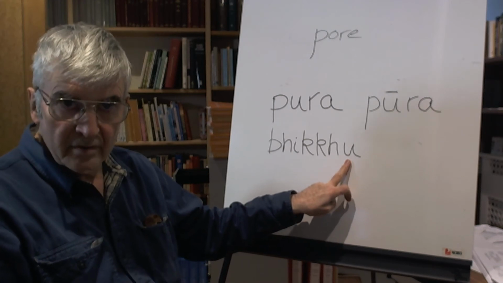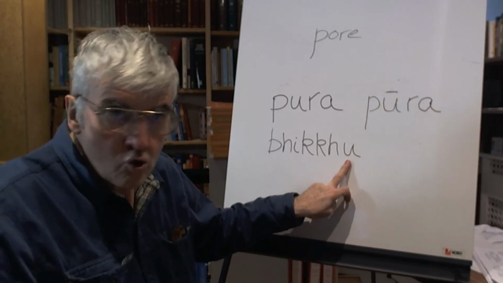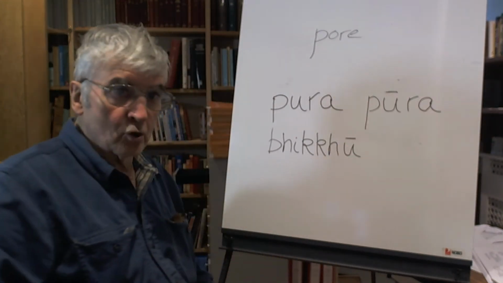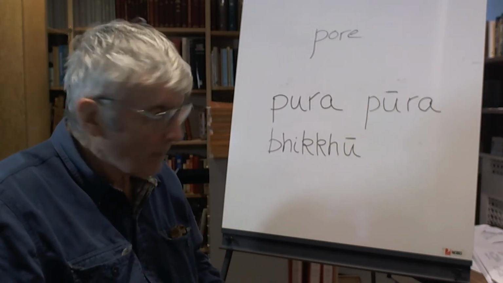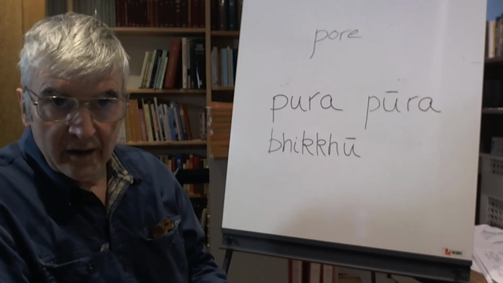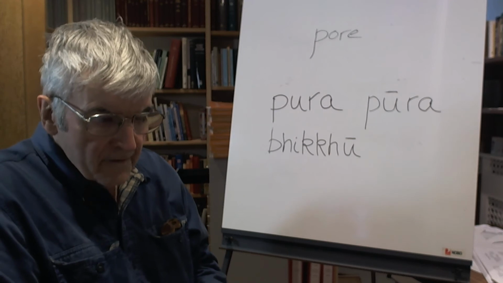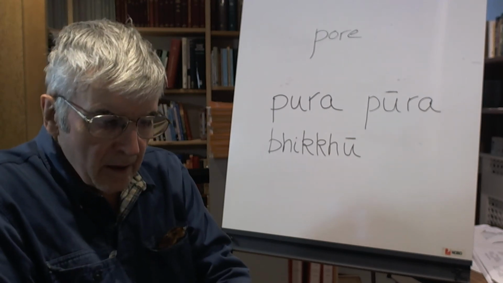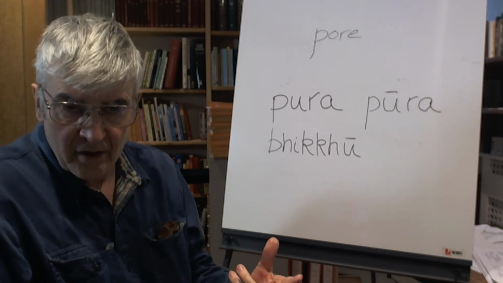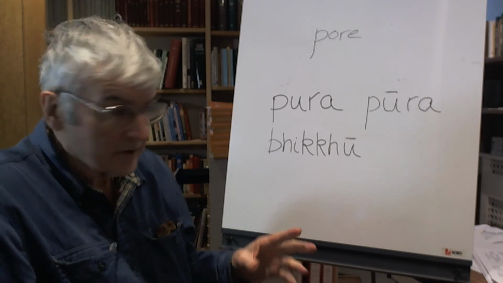The plural lengthens it, bhikkhu. So it's written like that. So there we are, we have the distinction between the long and the short a, i, u. It's vital to make the distinction because, as you've just seen, without it you're confusing words that are completely different.